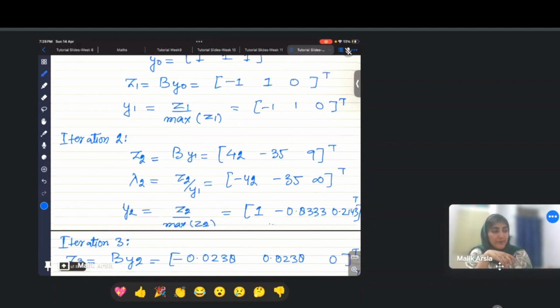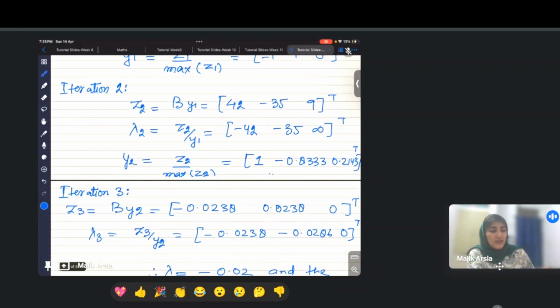You divide every element of Z1 by every element of Y1, which gives you lambda, the eigenvalue. If it comes out different, your solution has not converged. Here it was minus 1 by minus 1, that is 1, then 1 by 1, and the third one was 0. So all three eigenvalues were different, meaning your solution has not converged.